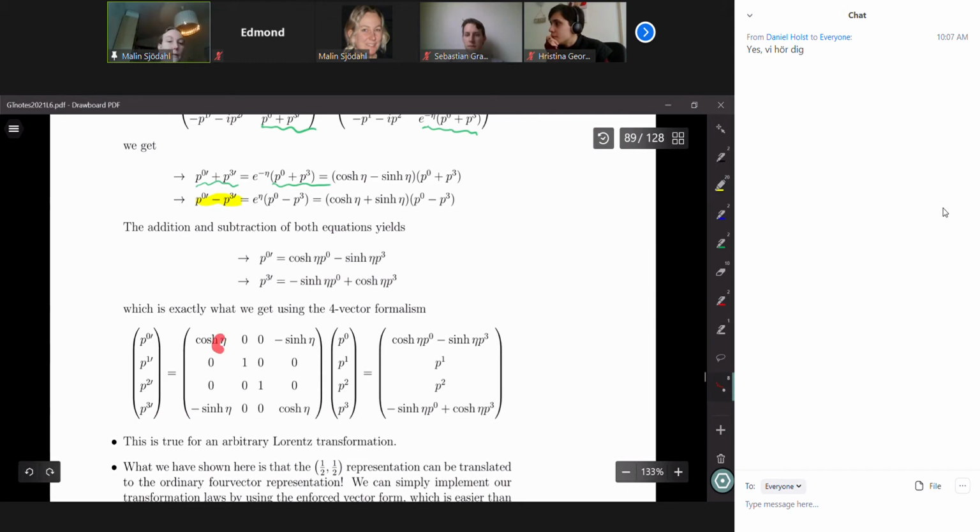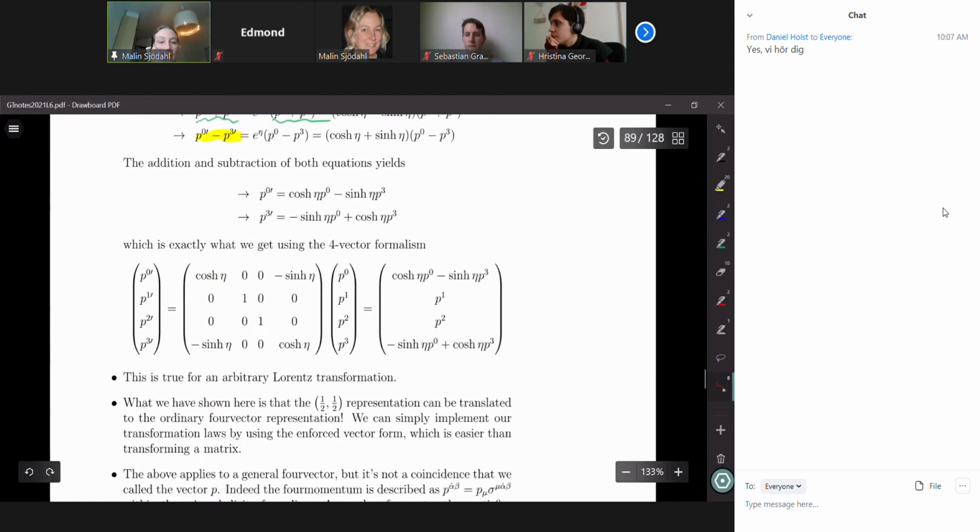So eta here is the rapidity. So the cool thing is that we have recovered the ordinary 4-vector representation of the Lorentz group by using the direct product representation. So from the 1/2 1/2 representation, we can get the ordinary 4-vector transformation.